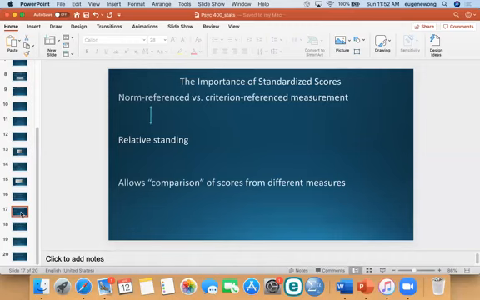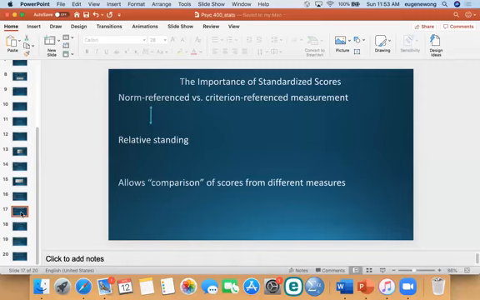If, on the other hand, the kid is different than the norm, there's a basis for saying that the kid should receive a diagnosis. That's how this notion of relative standing plays a role. Because when we're comparing a kid to the norm, we are in essence determining the kid's relative standing compared to the norm group. That is norm referenced measurement.